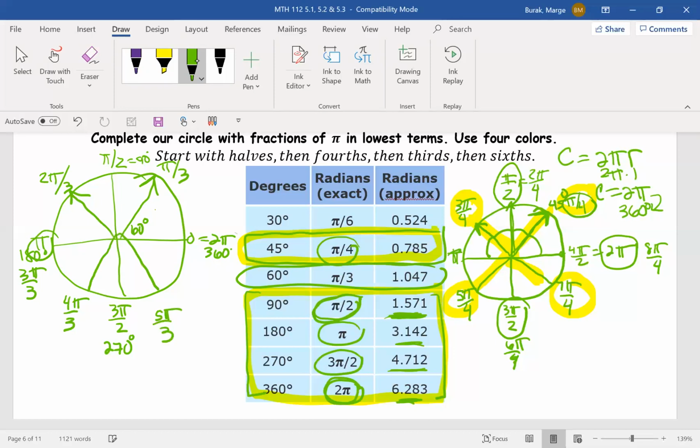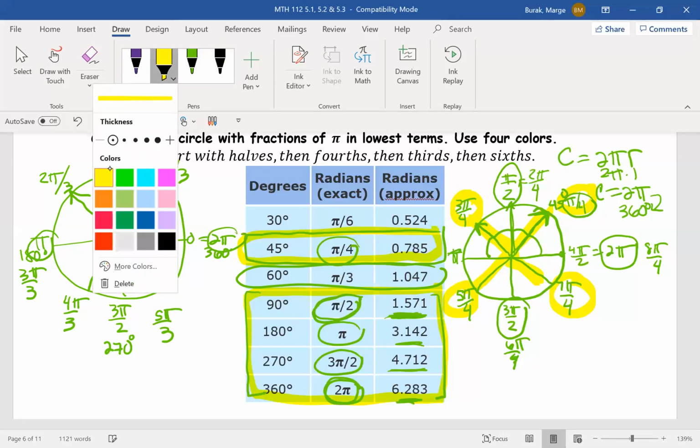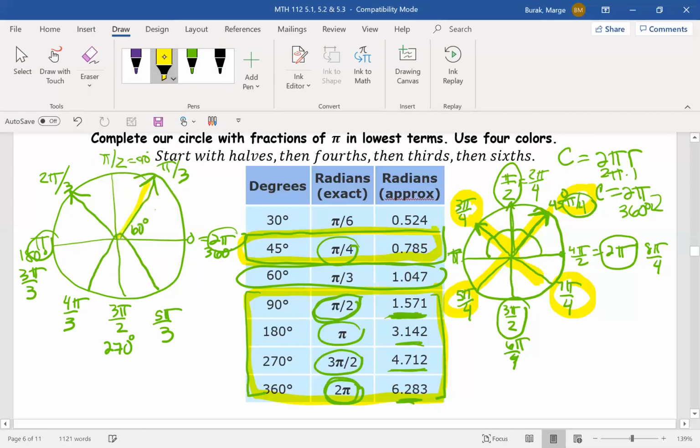And then 6/3 would be 2 pi. So these are our thirds. Up high, down low.